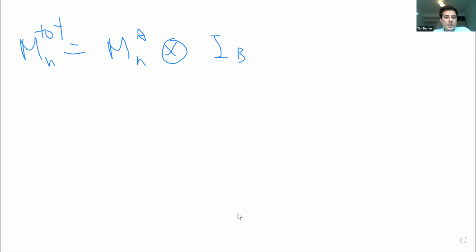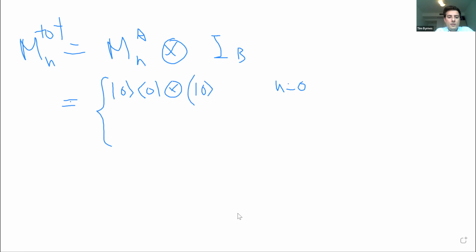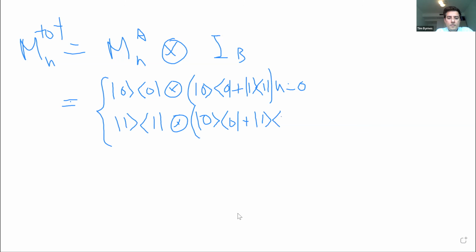So in this case, there are really only two cases here. n equals 0 would mean |0><0| tensor the identity operator, which is |0><0| plus |1><1|. And this is the n equals 1 case.